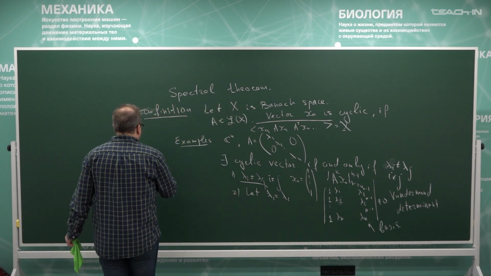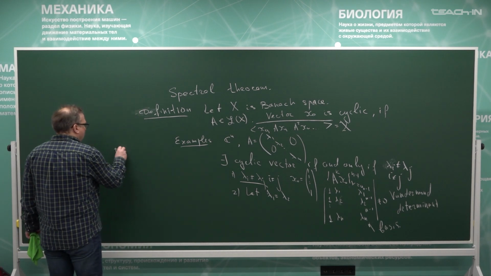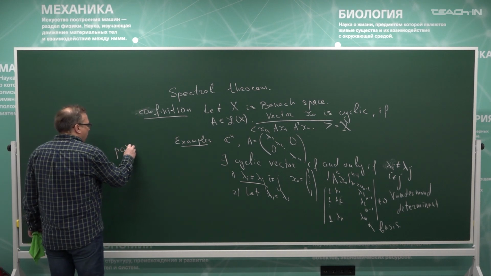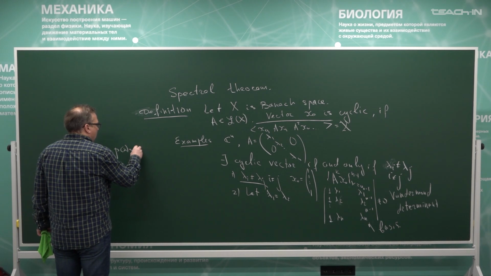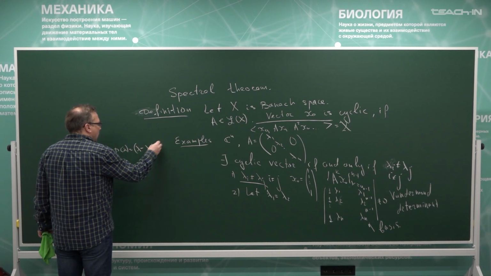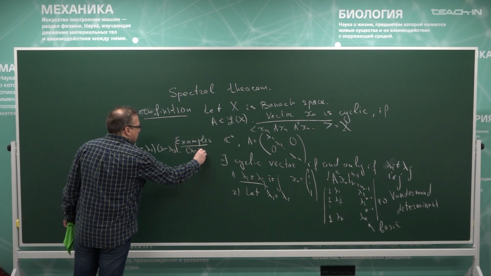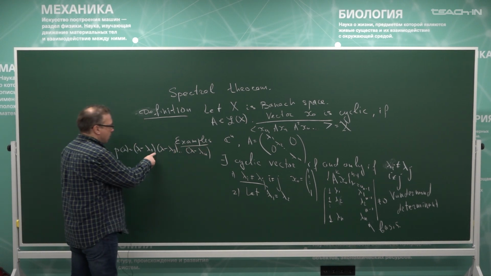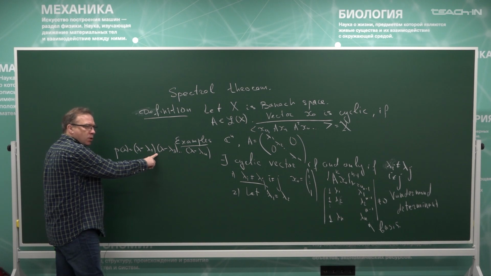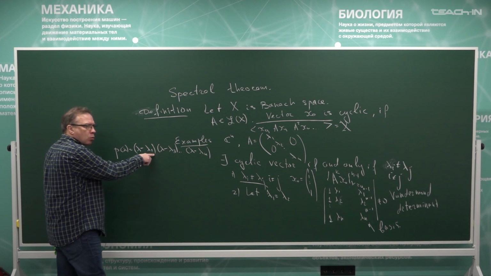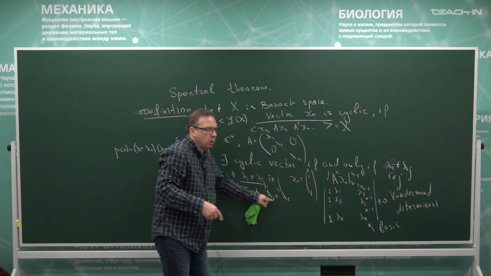For example, take the polynomial p of lambda equal to (lambda minus lambda 1)(lambda minus lambda 3)...(lambda minus lambda n). I skip lambda minus lambda 2 because they are equal.